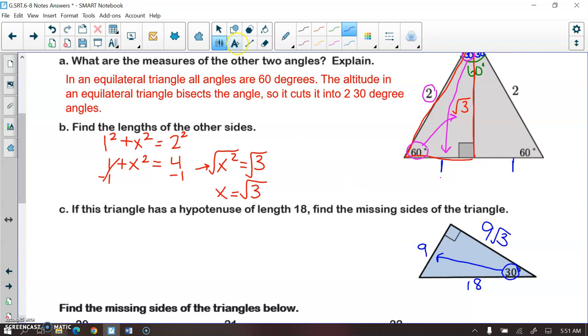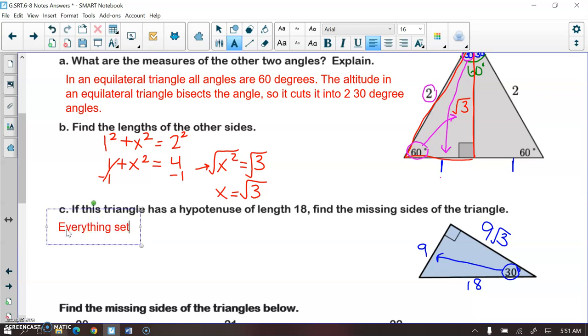So let's write all of that underneath letter C. Everything stems from the 30-degree angle, or from, I should say, the side across from the 30-degree angle.